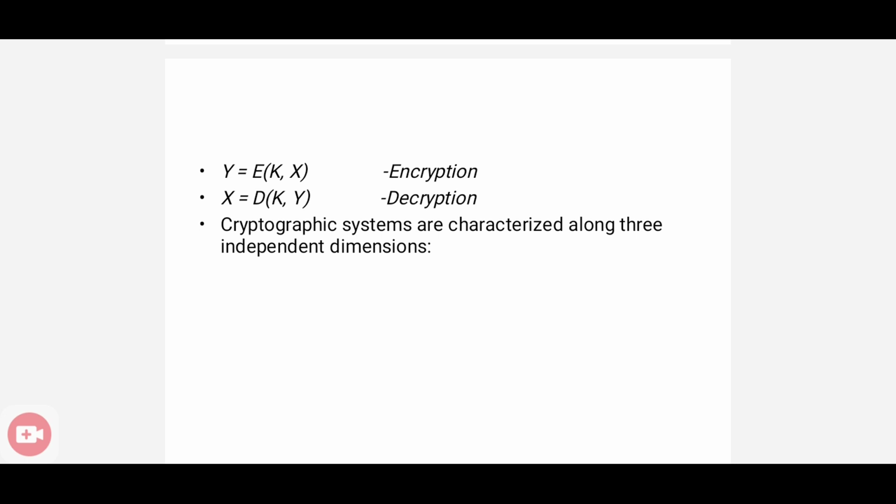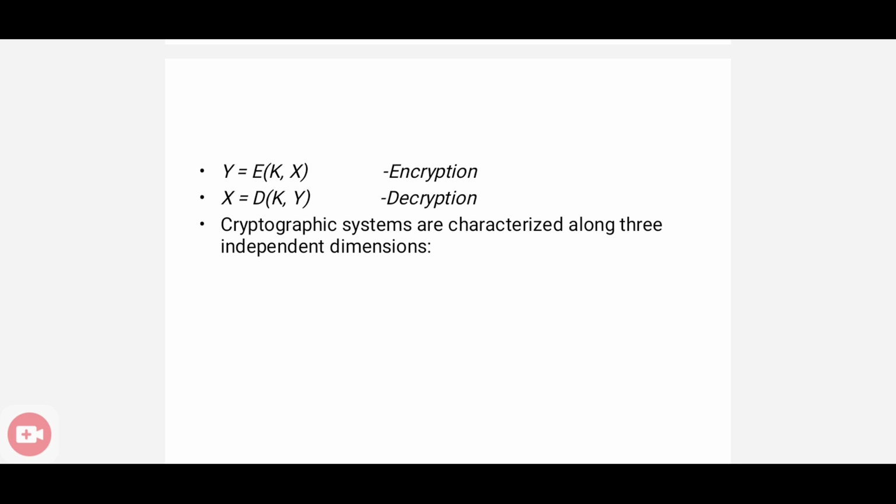So by using the input key and the plain text, we can apply the encryption algorithm to produce Y. What is Y? Y is the ciphertext. That process is known as encryption. And by using a key and the ciphertext as input to the decryption algorithm, we can produce X. What is X? X is the plain text, that is the original message.